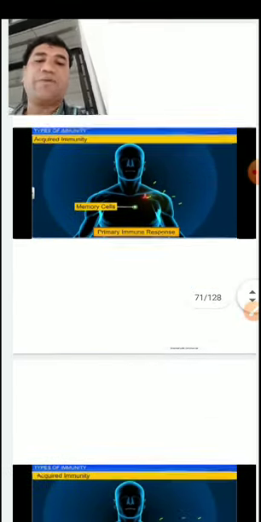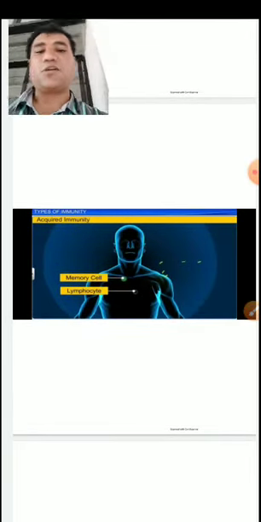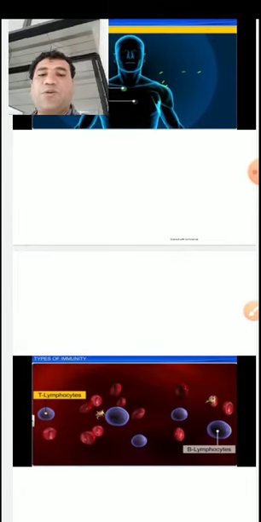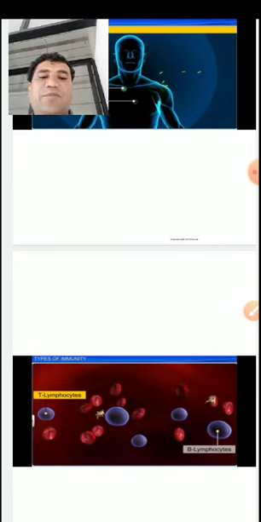So vaccines are based on this particular principle, and the T lymphocytes are also involved. T lymphocytes are produced by the thymus, B lymphocytes by different parts of the body.